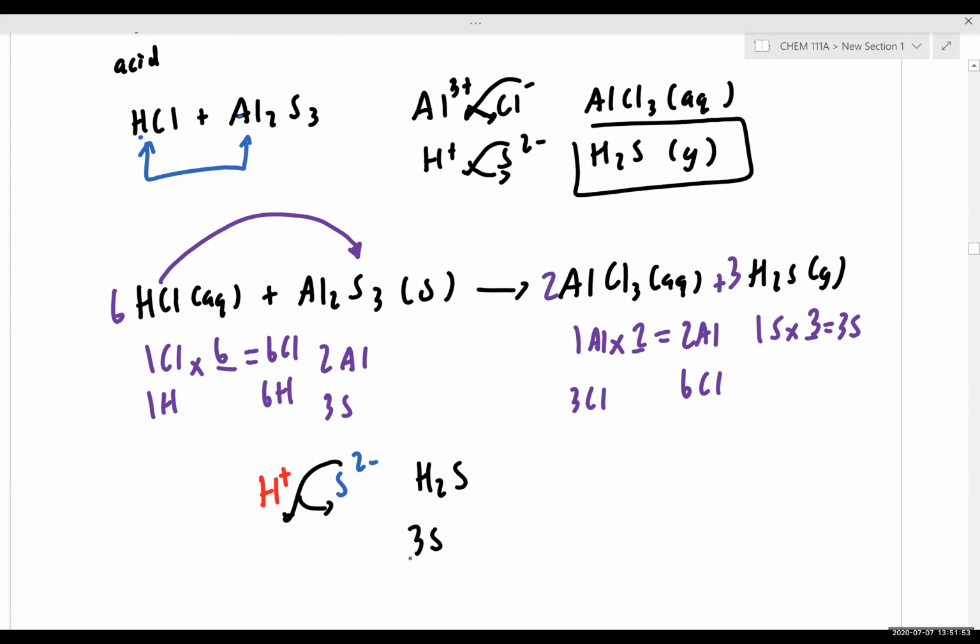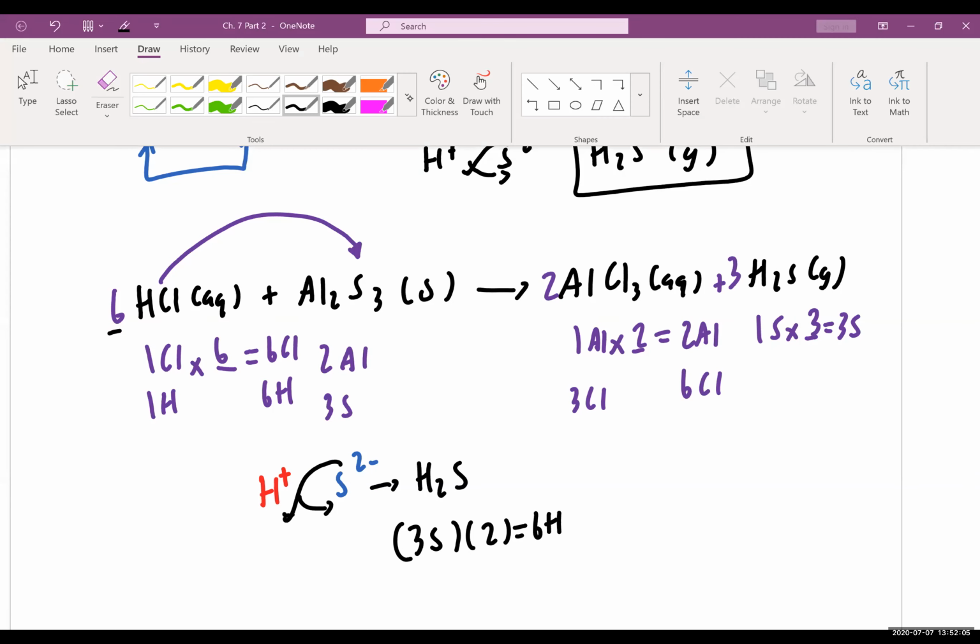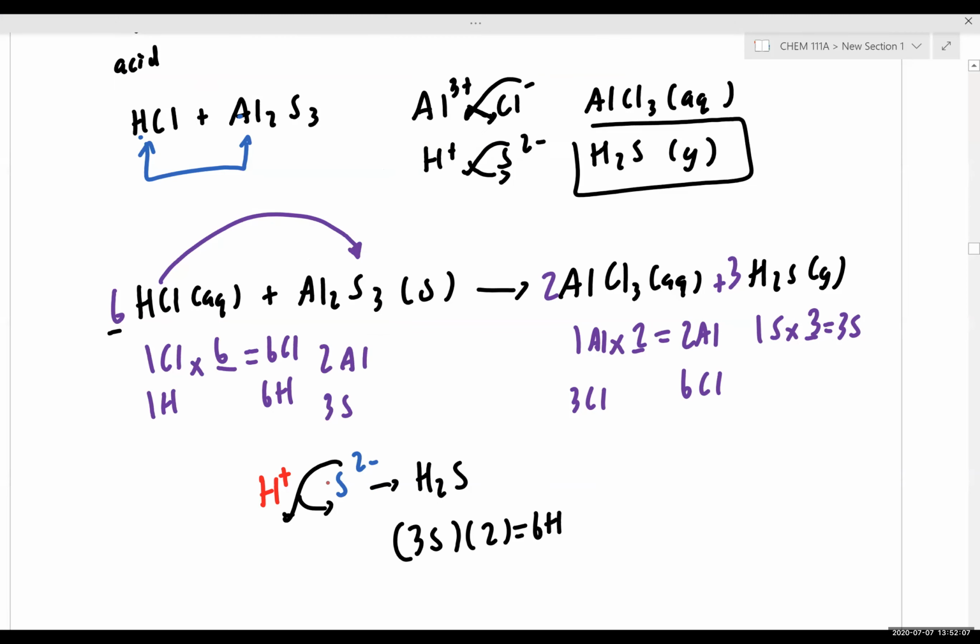So if we have 3 sulfides, we take 3 sulfide times 2 and get 6 hydrogens. This is the other method of balancing acid-base reactions, and it's counting proton equivalents. Whatever method works for you, you're welcome to use.